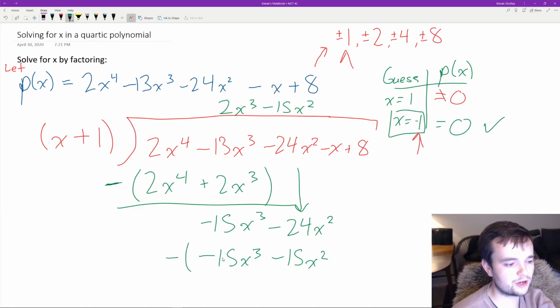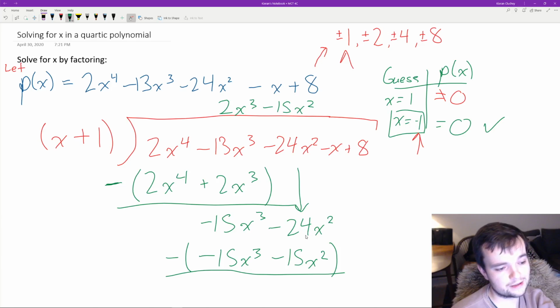And if I subtract these, let's see what we get. So I will get 0 on this side, but then I will get negative 24 plus 15. So let's see, what is that? That's plus 10. That is 14, and then plus 5 is 9. So it looks like I'm getting negative 9x squared.